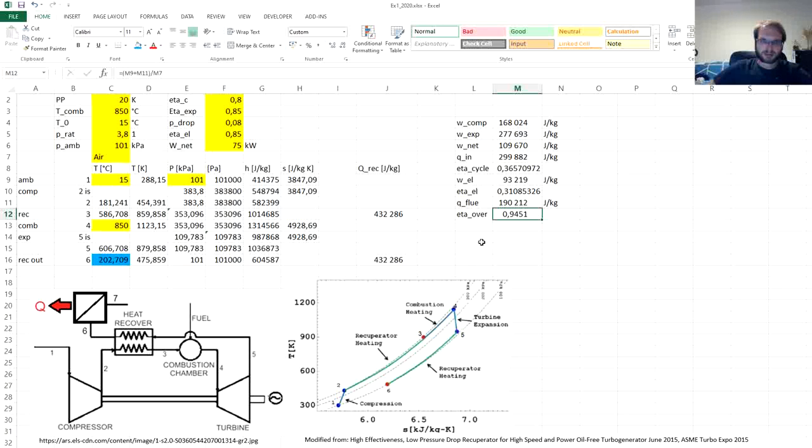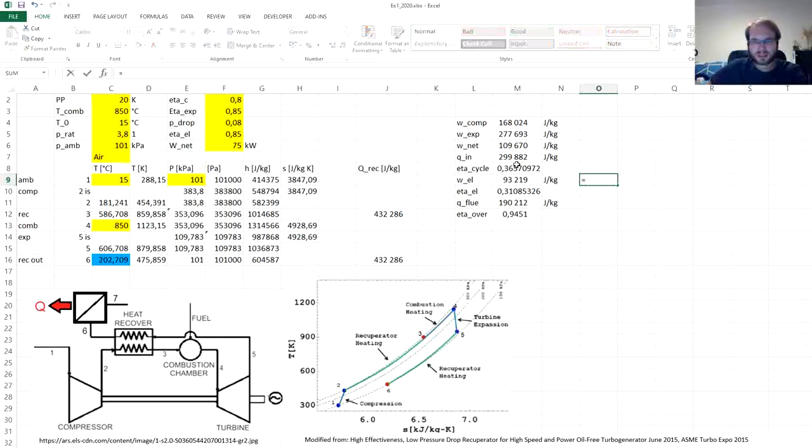Where is the heat output hidden here? Why could we not use the net work as the heat input minus heat output here?